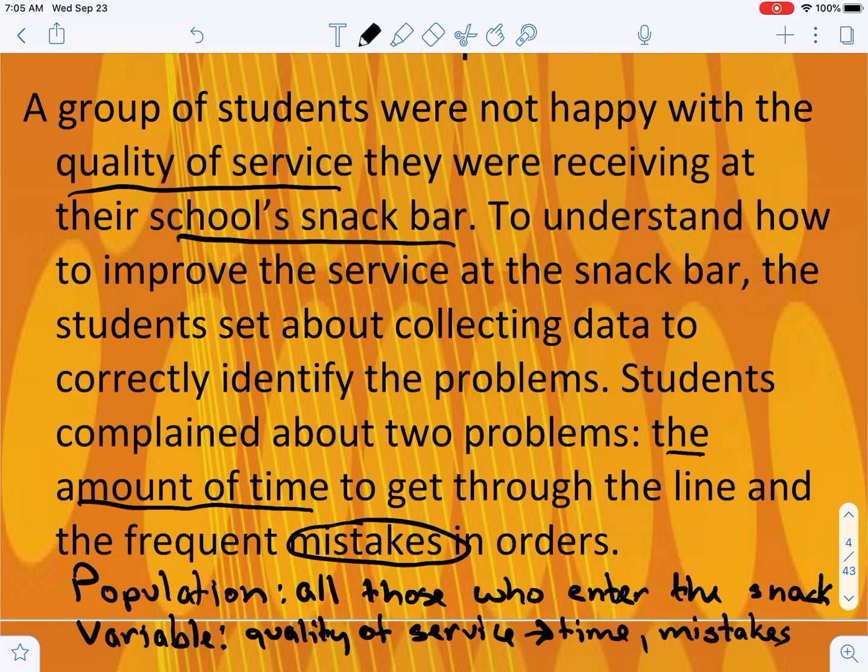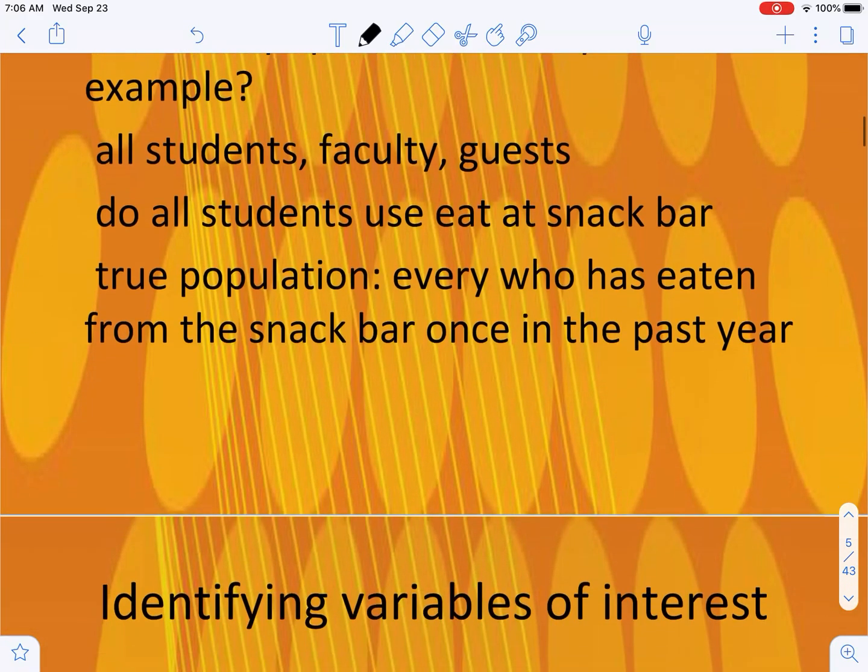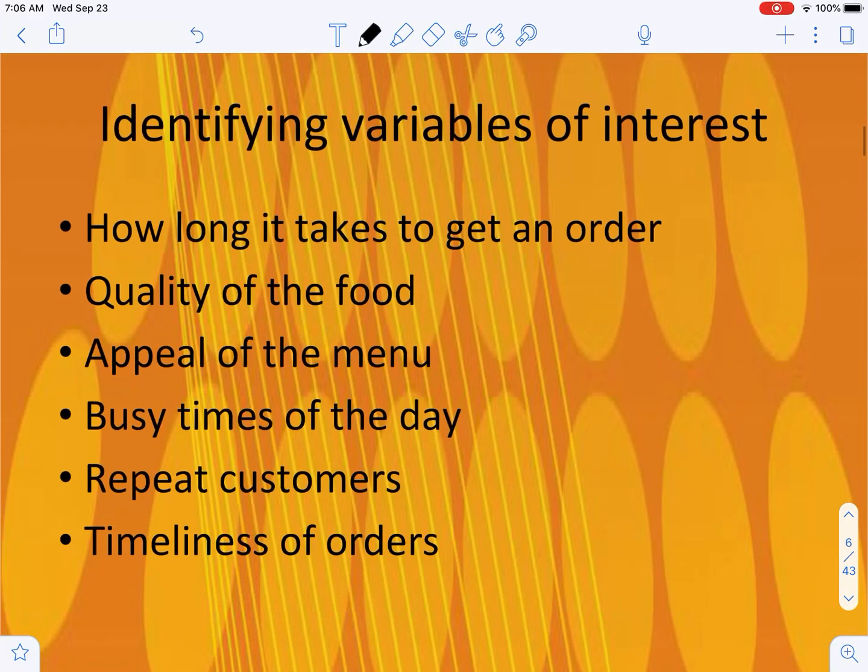So if I were to look at the population, all those who enter and use the snack bar, then we'd want to study how much time it takes them to get through and what mistakes are being made. When we identify the variables of interest, there are other things you could look at: how long it takes to get an order, which was the time, quality of food, the appeal of the menu, busy times of the day, repeat customers, and timeliness of the order.